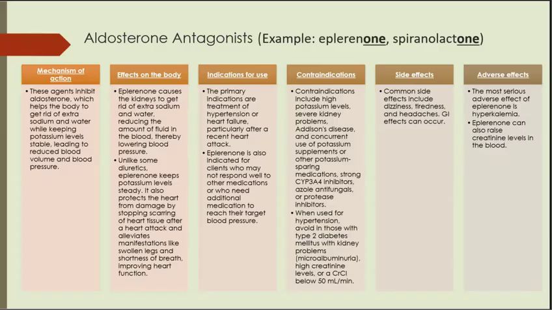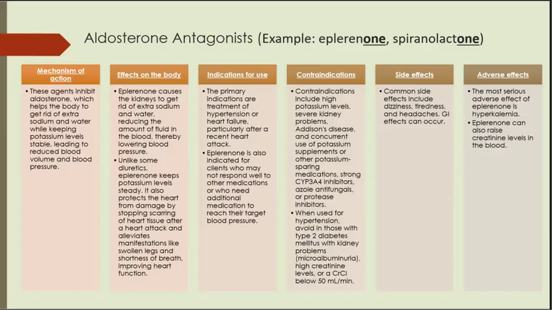So the mechanism of action for this is that it inhibits aldosterone, which helps the body to get rid of extra sodium and water while keeping potassium levels stable, leading to reduced blood volume and blood pressure.